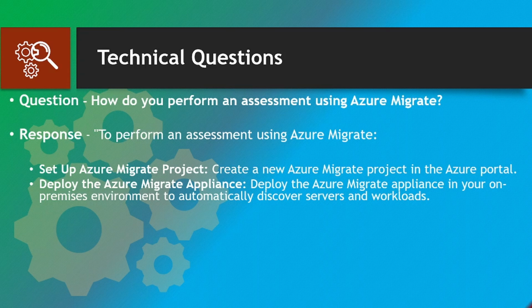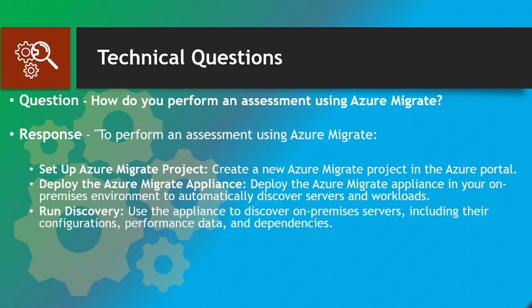The appliance is nothing but a kind of virtual machine, which we configure on-premises so that it can read, assess, and capture the data of the workloads on-premises. Run discovery.